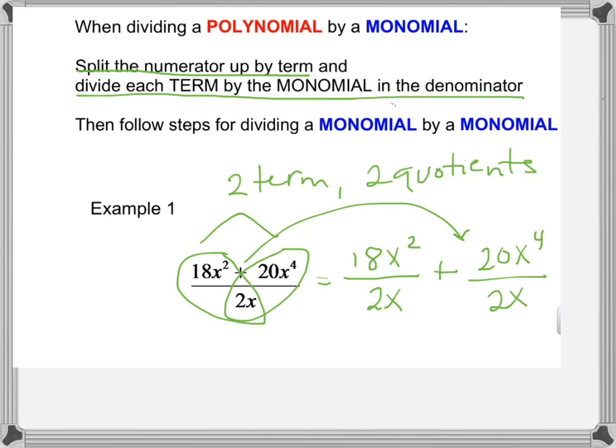And if you think about the connection to long division with numbers, that's what we're really doing with numbers as well. Like if I had 4 and I wanted to ask how many times it went into 256, the first thing I do is I say, well, how many times does 4 go into 2? Well, it doesn't, so I put a 0 there. How many times does 4 go into 25?